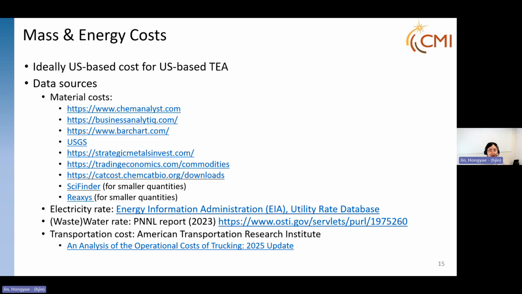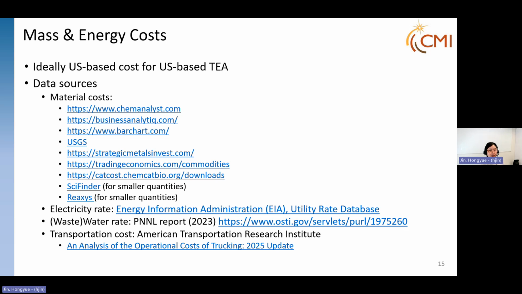There is also PNNL's report on wastewater rates reported in 2023, which I found helpful. It has state level water rate, wastewater rate with some uncertainties bounded. And then transportation costs from American Transportation Research Institute, they update it annually, and the 2025 report is available in this link.